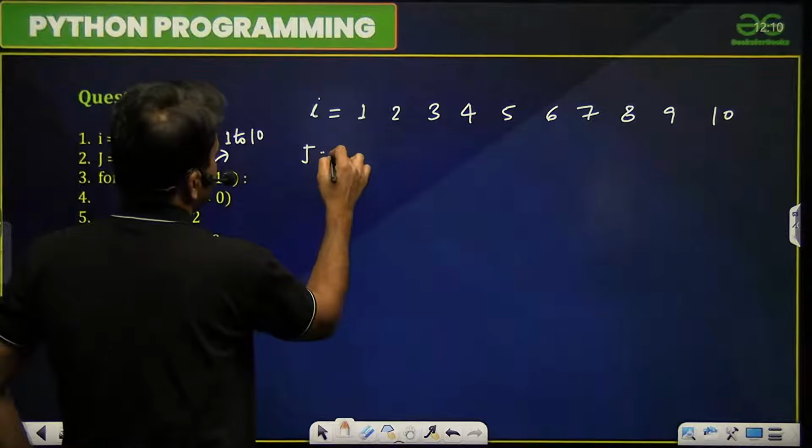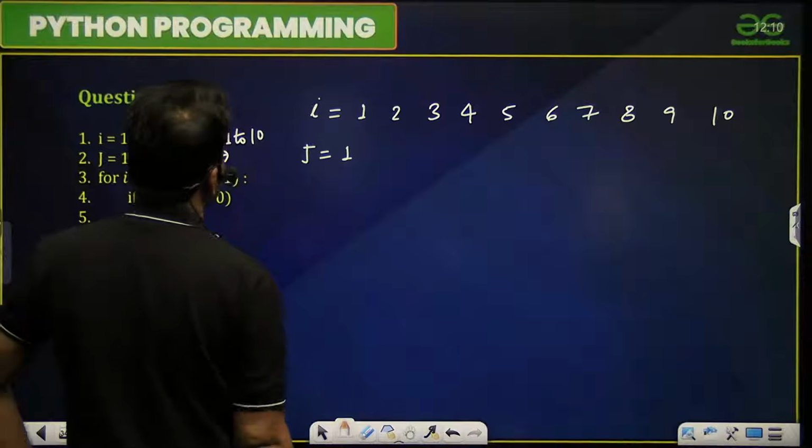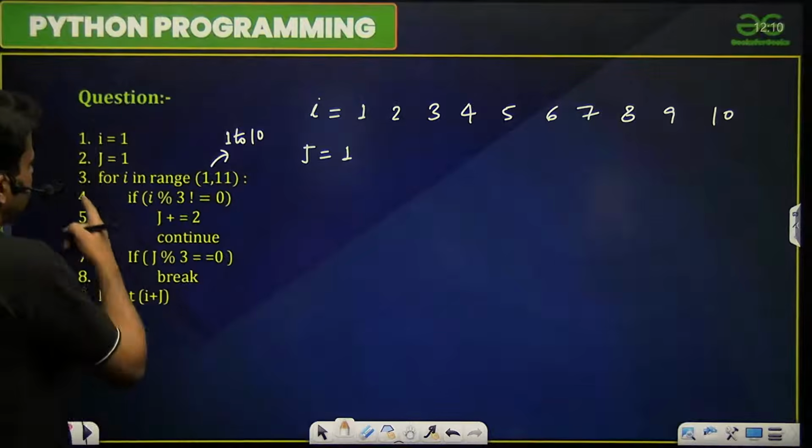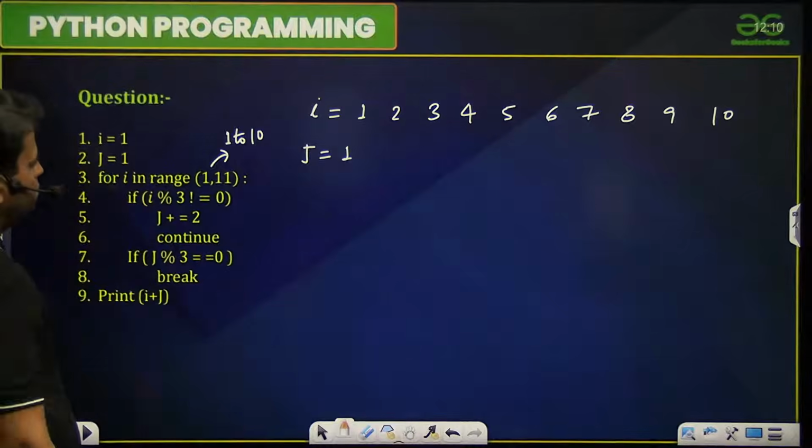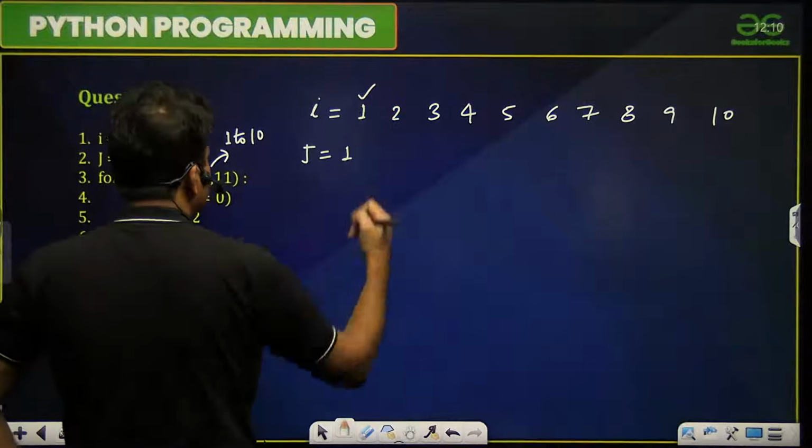So initially j equals what? Initially j equals 1. i is also initially 1.